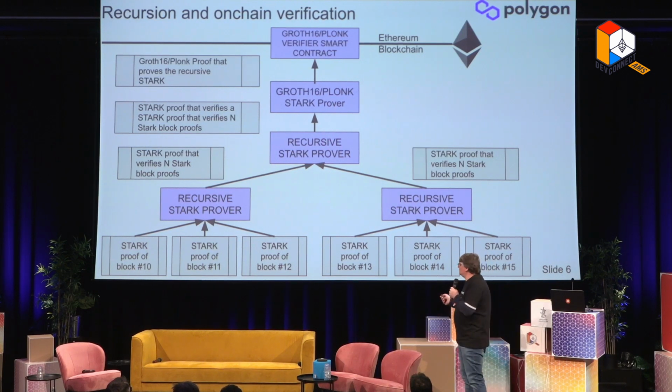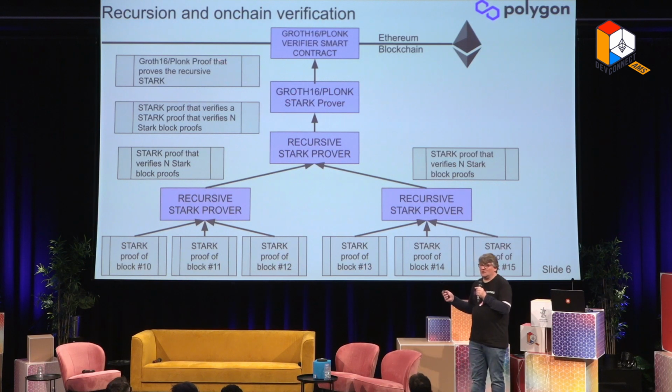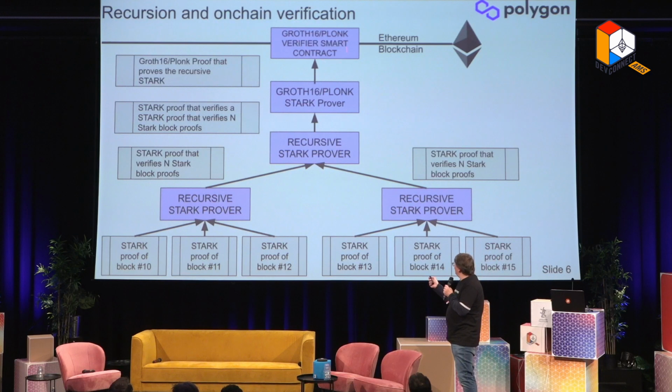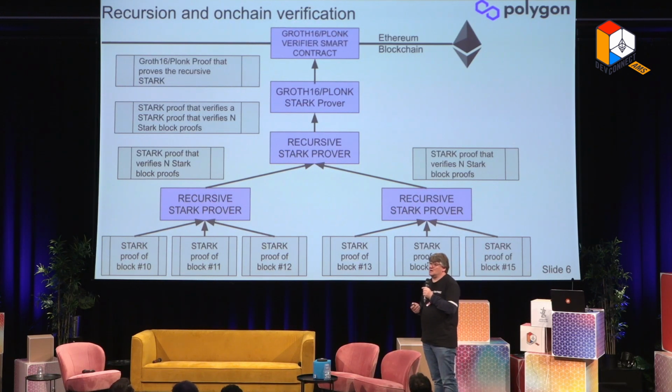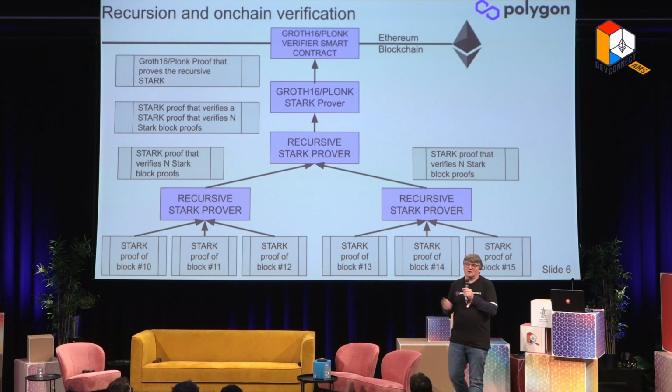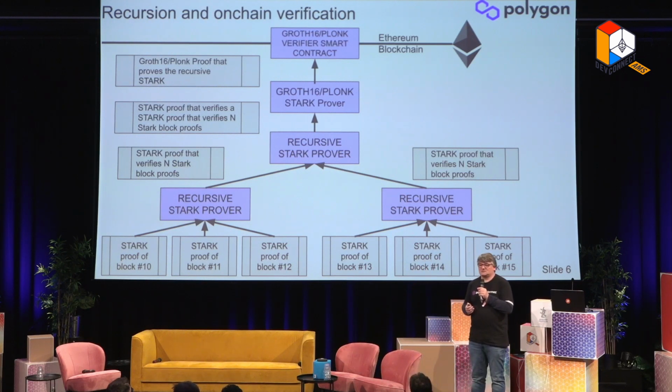The cool thing here is that in this last step, we can personalize and generate the Stark in a way that minimizes the number of constraints that we need in the Groth16. And when we verify this in the Ethereum blockchain, the cost is the verification of a Groth16, which is about 300K gas, much, much less than verifying a Stark proof.